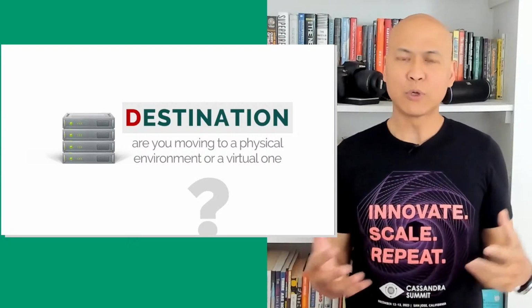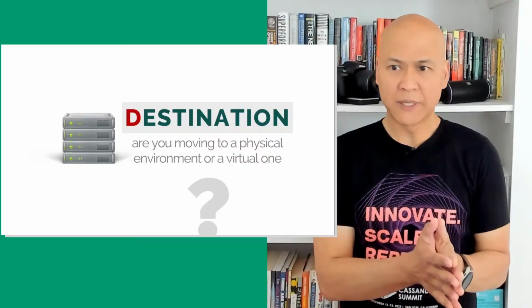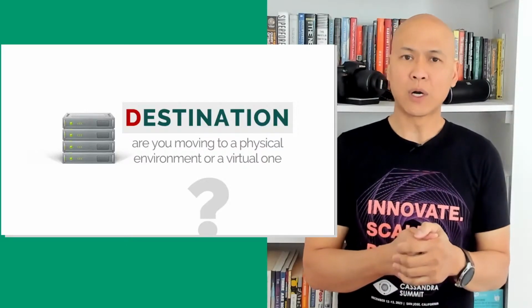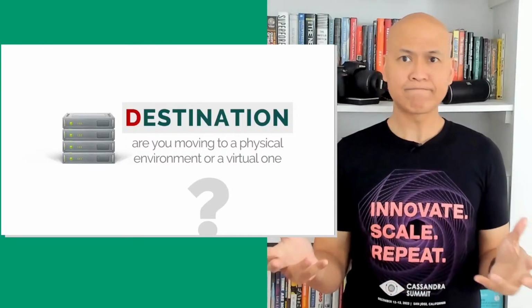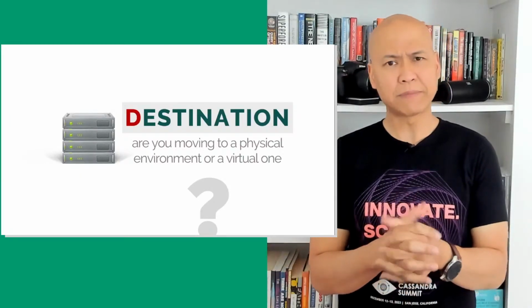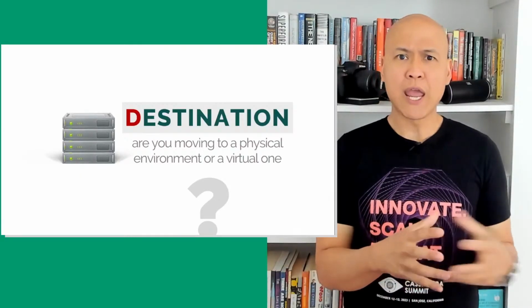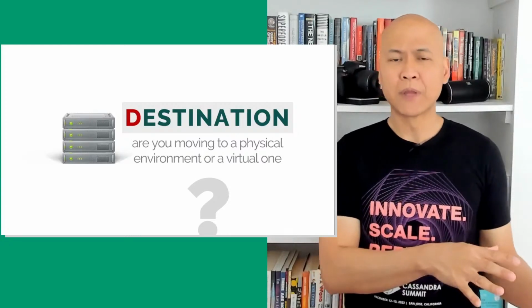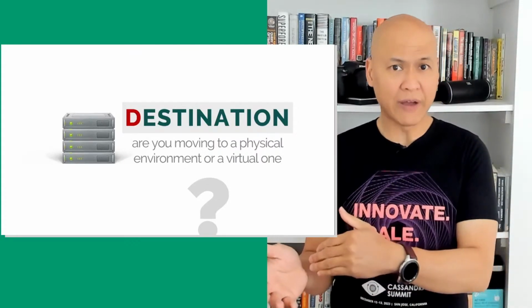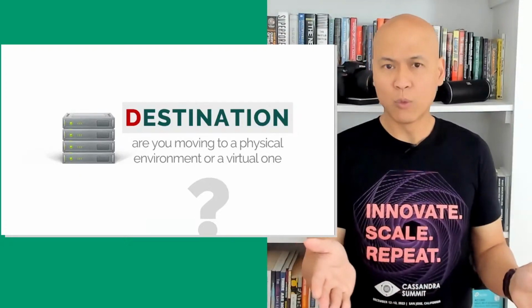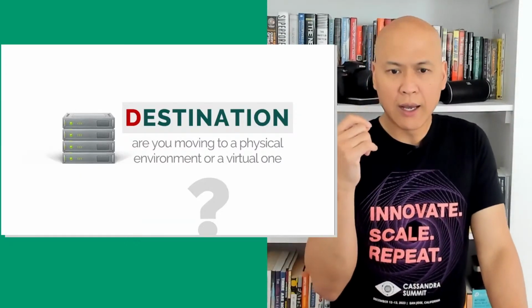Say, for example, you're coming from a physical environment. One of my customers was still running on SQL Server 2012 on a Dell server, if I'm not mistaken, and they're moving away from the physical implementation to a virtual environment on VMware.